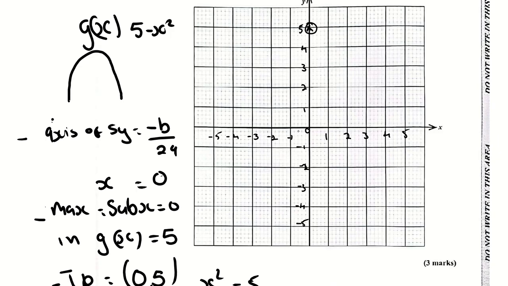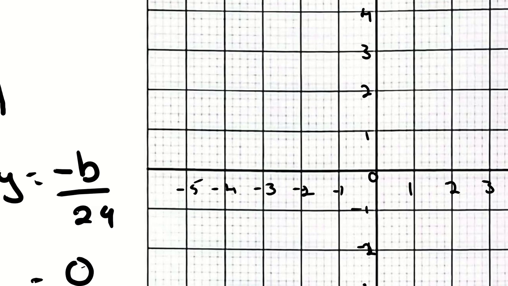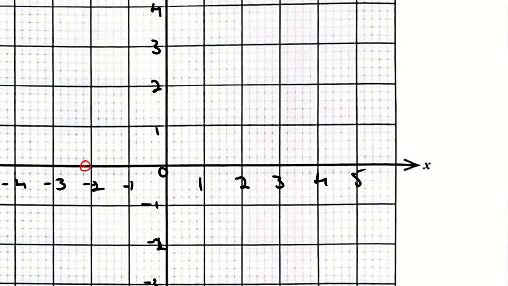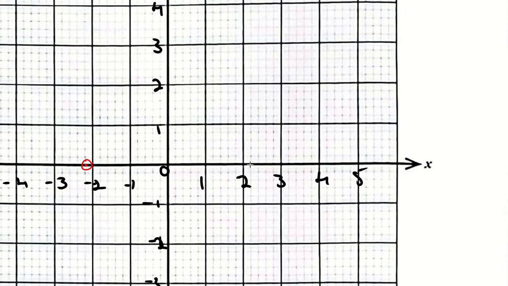So each little space is 0.2, so I'm going to zoom in. Let's put this in red. So negative 2.2 is going to be here, and then positive 2.2 is going to be right here.